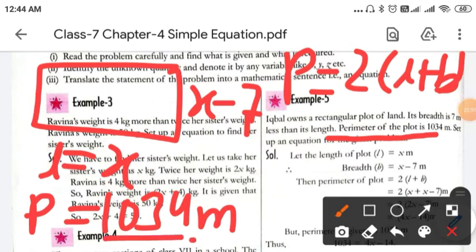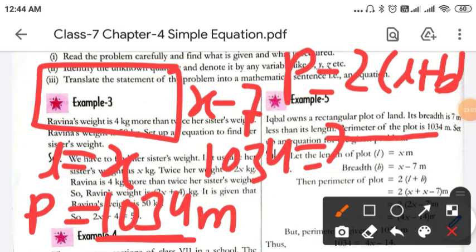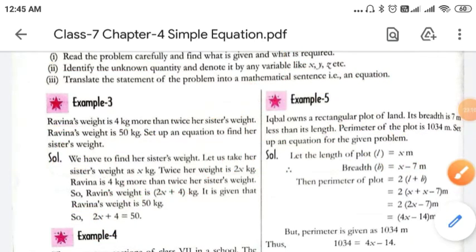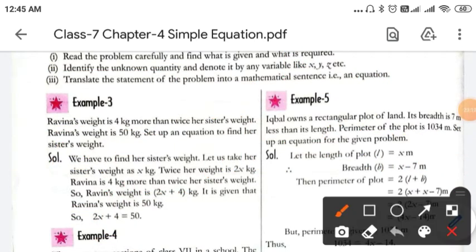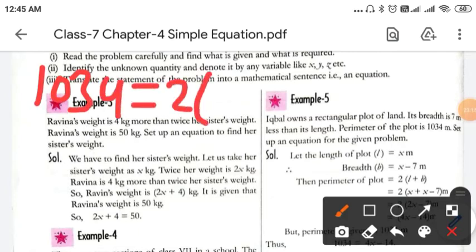So the perimeter numerical value is given, which is equal to 1034, and 2 into length, so we have length x and breadth x minus 7, which is equal to what? 1034 is equal to 2 into x plus x minus 7.